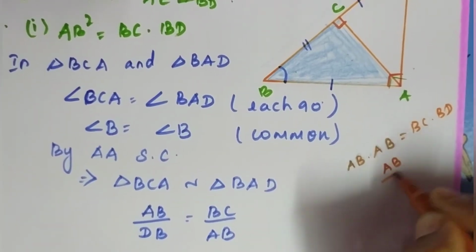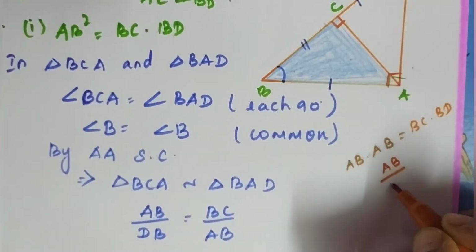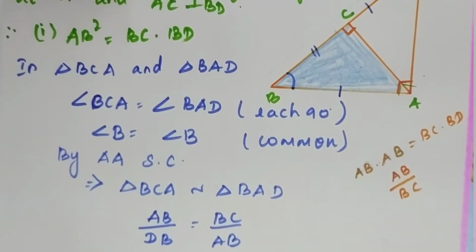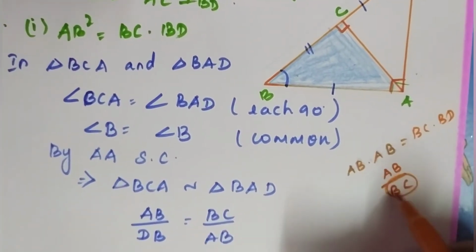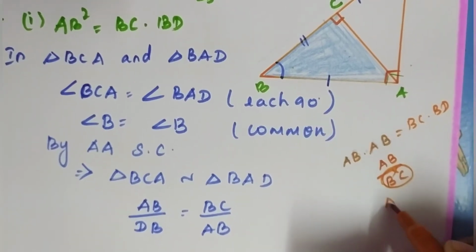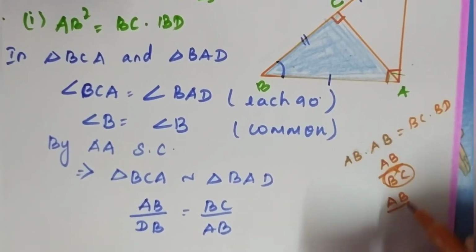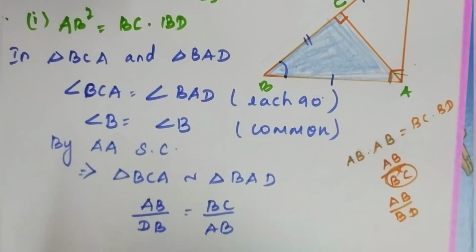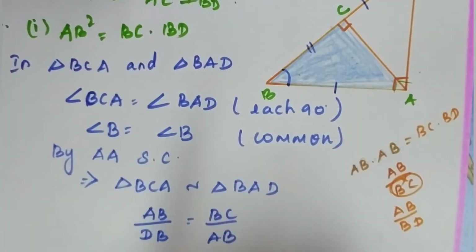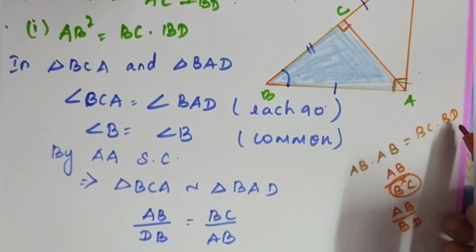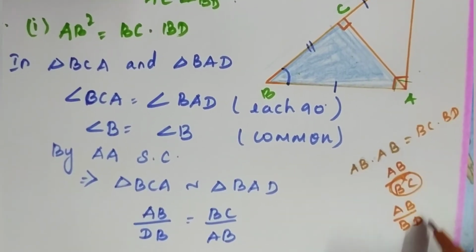AB divided by BC is related to the first triangle, so it is the second triangle. So we should not shift this BC. We have to shift AB divided by BD. Clear? BC is related to the first triangle, so you should not shift that one. The other one only you have to shift.